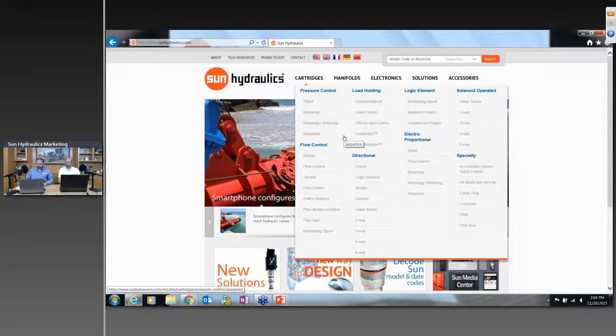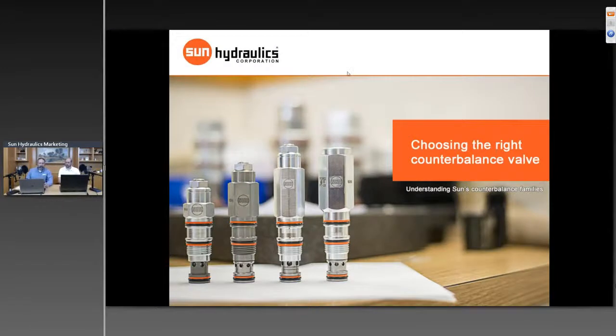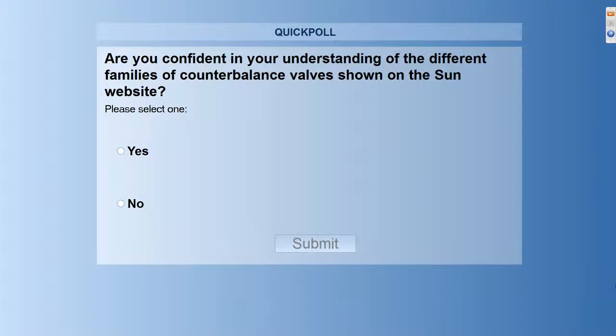I just wanted to start out today with a quick question that should pop up on your screen any moment now. The question is, are you confident in your understanding of the different families of counterbalance valves shown on the Sun website? We're going to be asking you a couple of polls like this today.